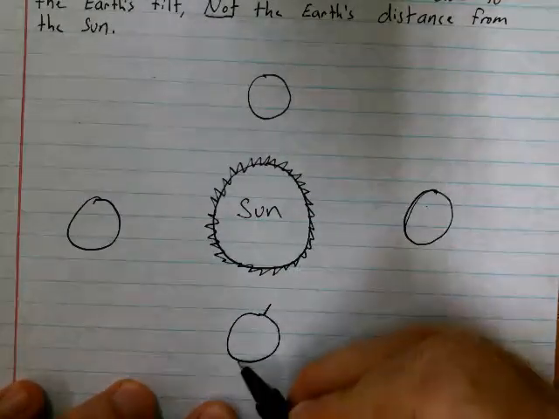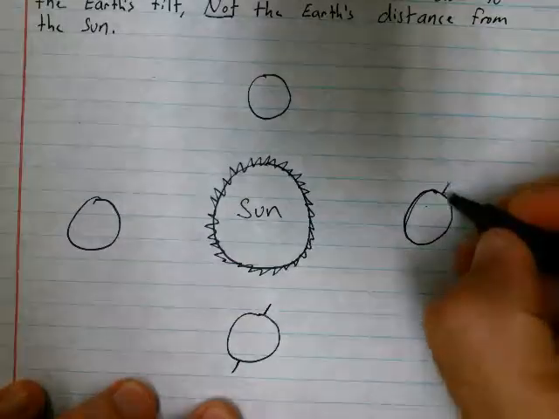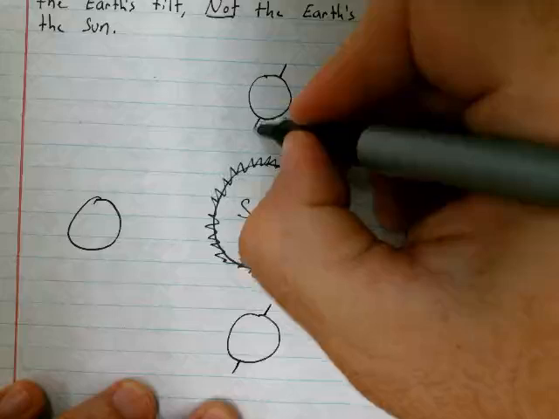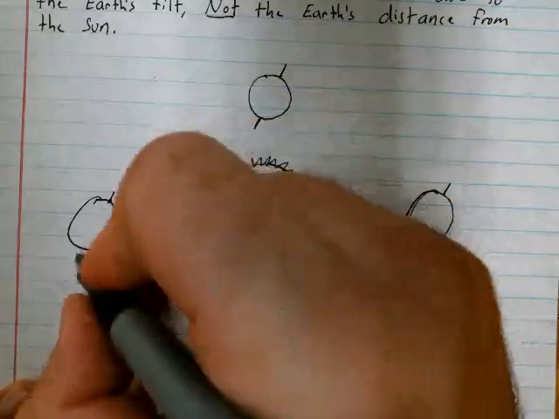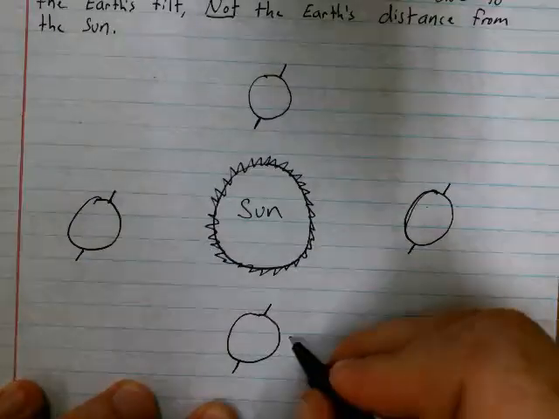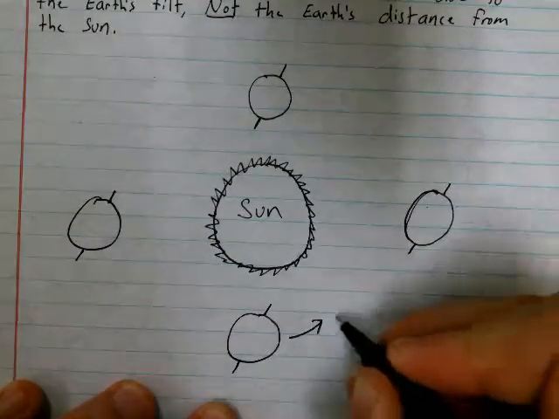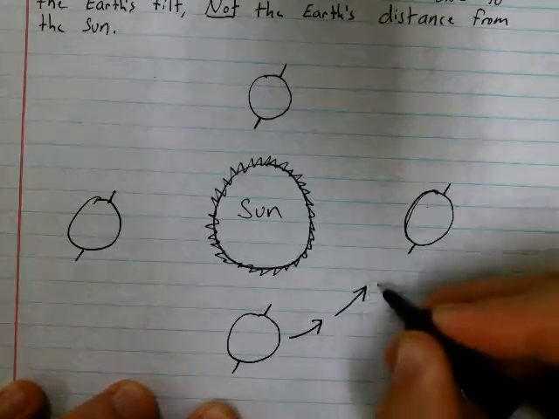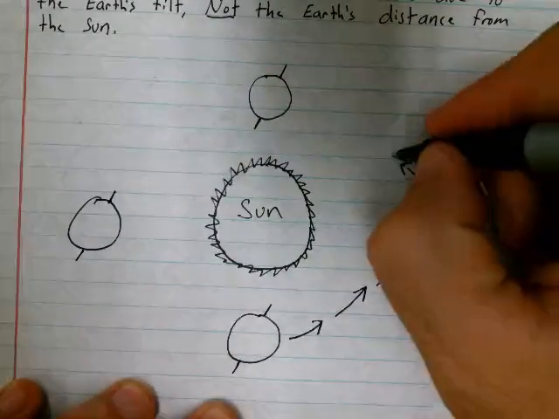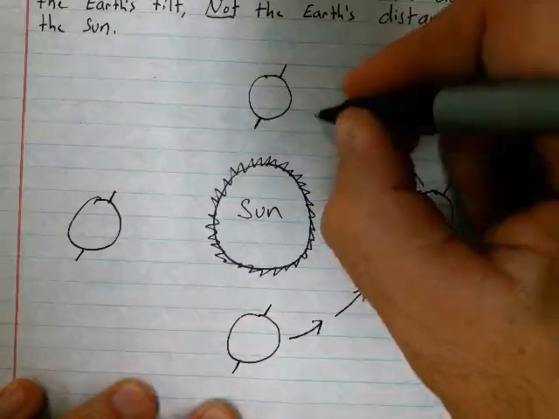Notice that the tilt of my axis always remains the same, no matter where it is in its orbit.